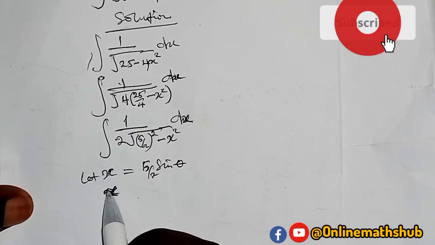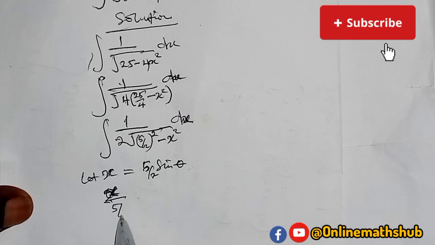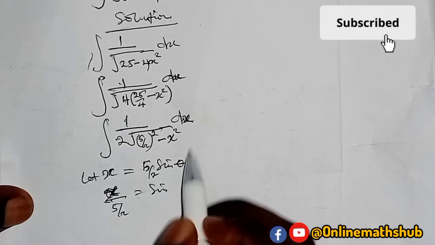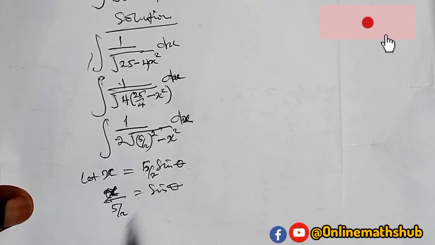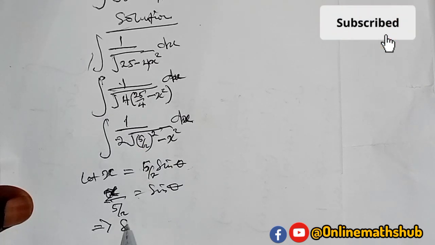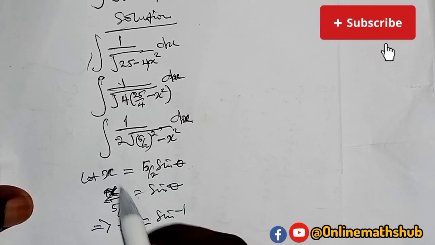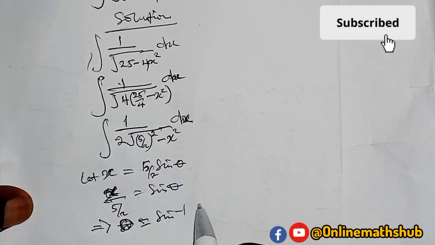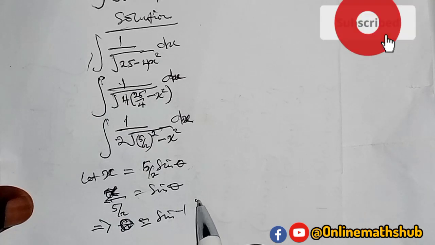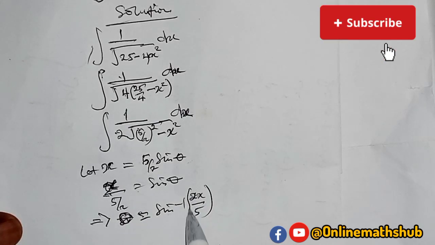Then x divided by 5 over 2 is equal to sine theta, which implies that theta will be equal to sine inverse of 2x divided by 5.